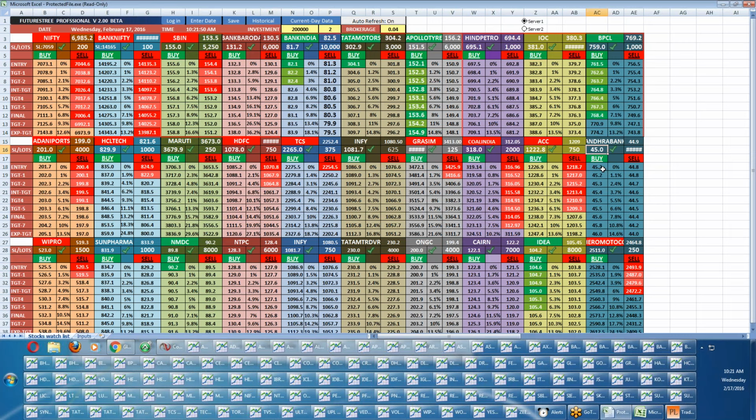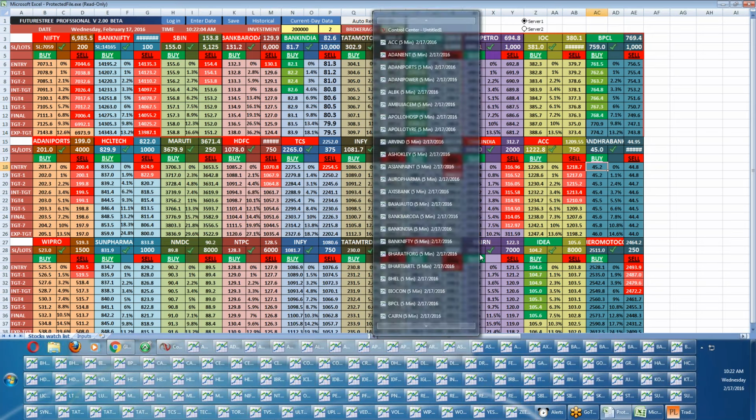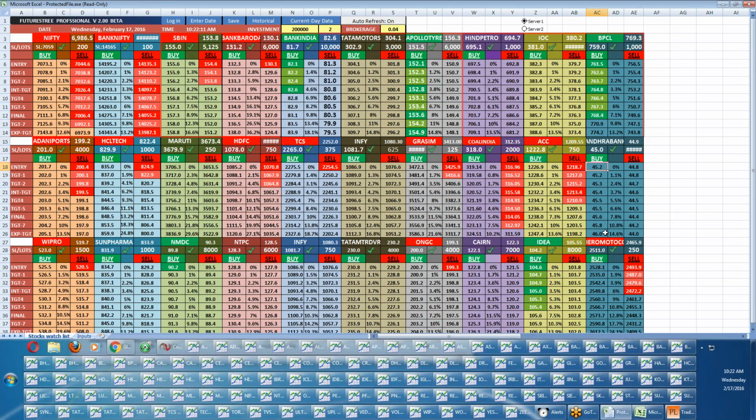So 45.20 is an entry. We have Union Bank. Grasim is flat, so let me just replace it with Union Bank. So that's a buy call. Got generated now.